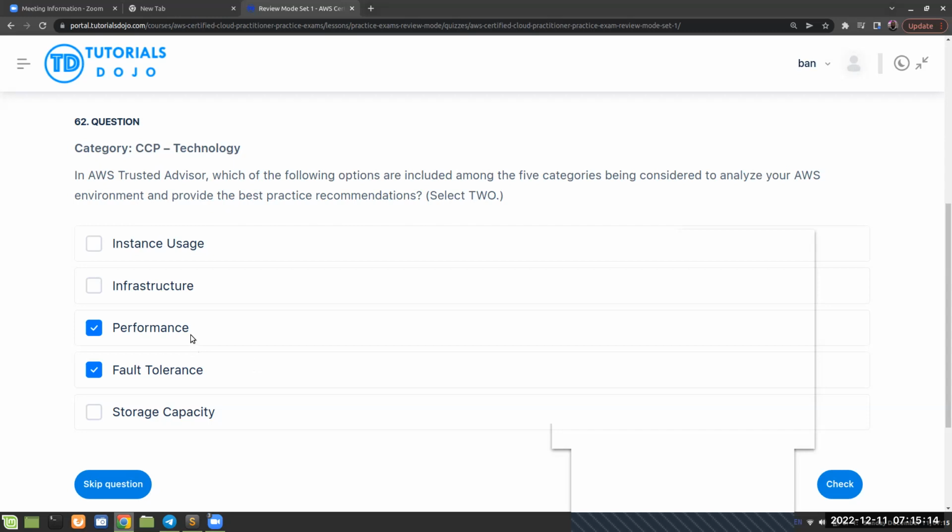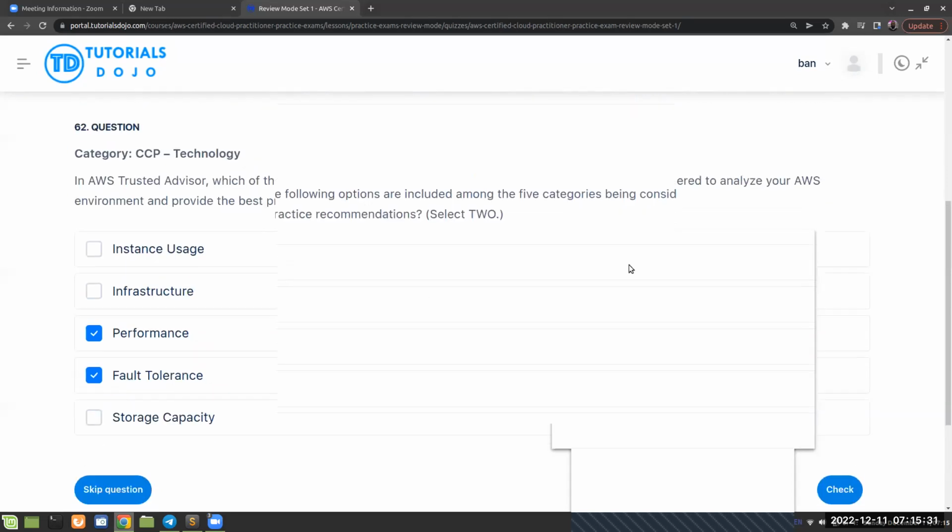So we have 4, correct? Security. Security, that's correct. So I have performance, fault tolerance, security, service limits, and cost optimization. So that's Trusted Advisor.